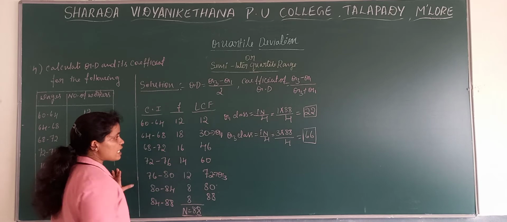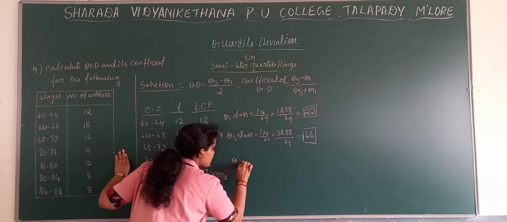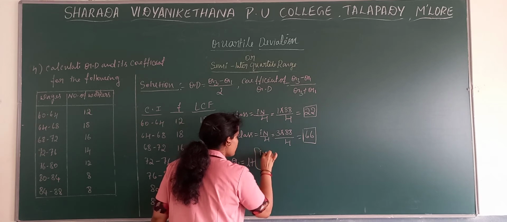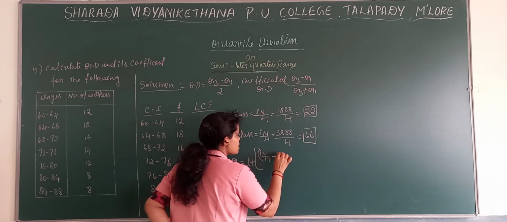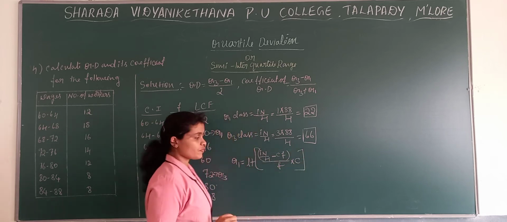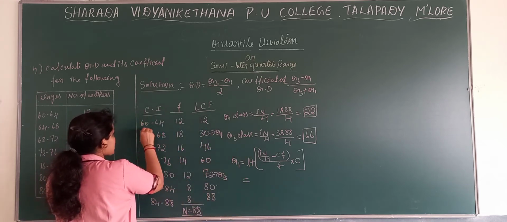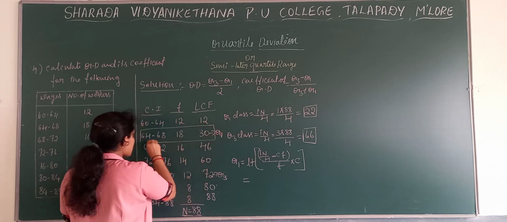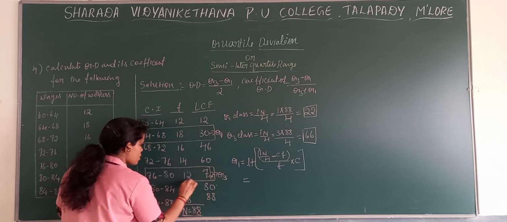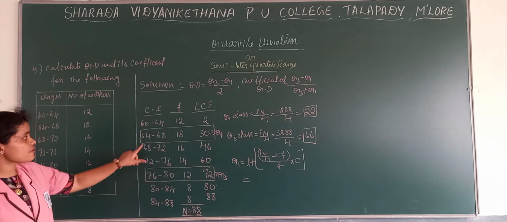Now, according to the classes, we need to substitute the values into the Q1 and Q3 formulas. Take the Q1 formula: L plus i n by 4 minus CF divided by frequency into C. This is your Q1 class and this is your Q3 class, the one with 72. Firstly, the Q1 class.